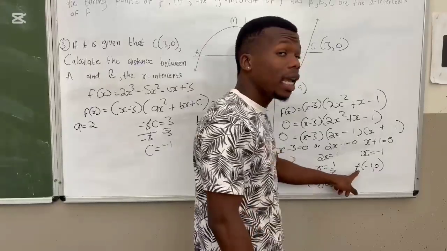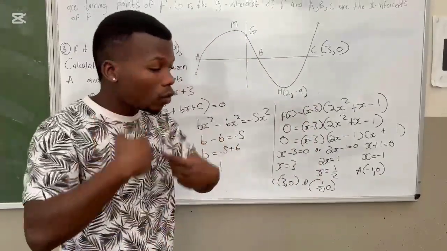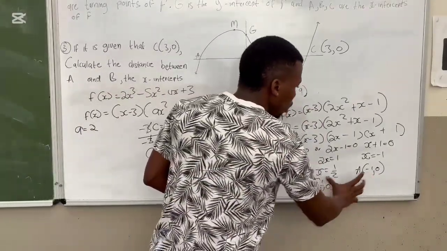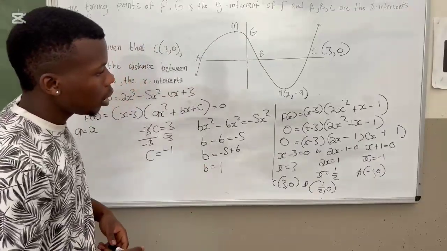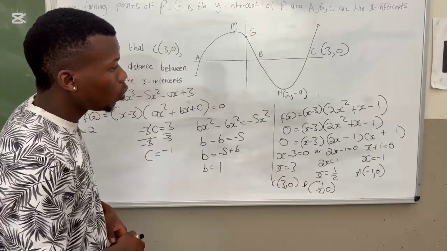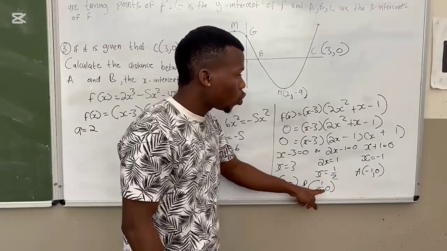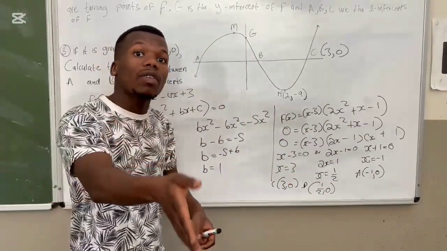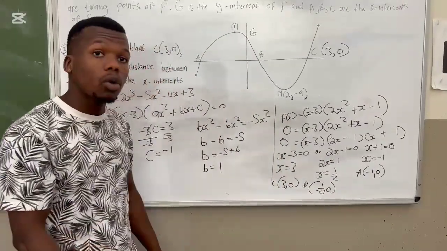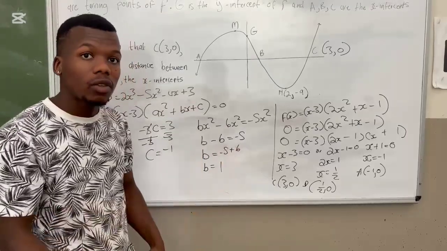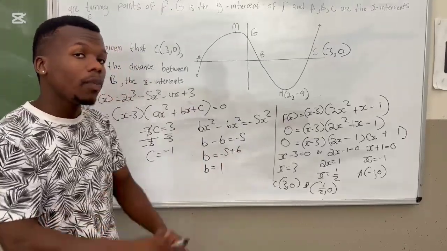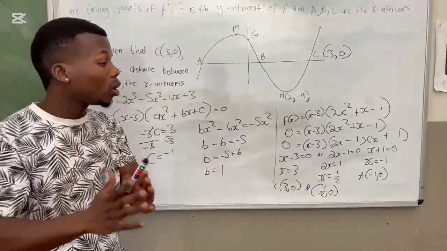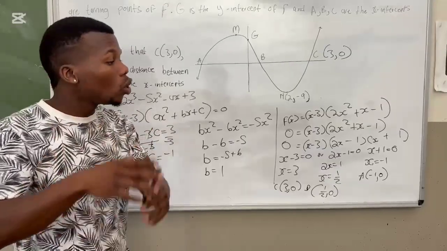Meaning that in order for me to calculate the distance between B and A, you can use your distance formula and substitute your coordinates, but here we are going to say 1 over 2 minus 1. What you can do as a grade 12 learner, you need to follow the right procedure. You can use your distance formula, the one with square root of x1 minus x2 all squared plus y1 minus y2 squared.